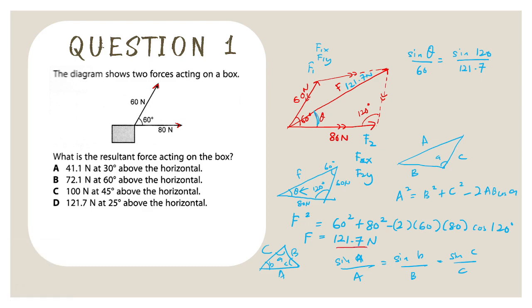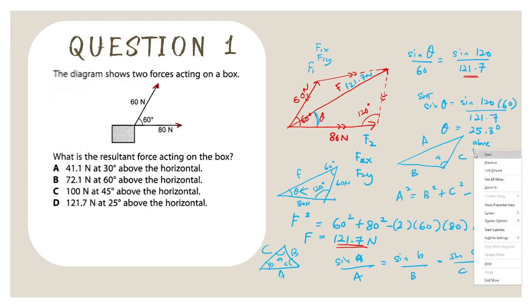So sine theta equals sine 120 times 60 divided by 121.7. So theta is 25.3 degrees above the horizontal.